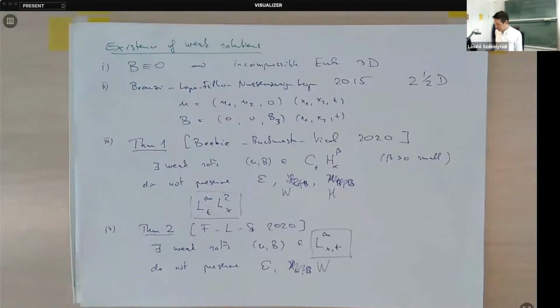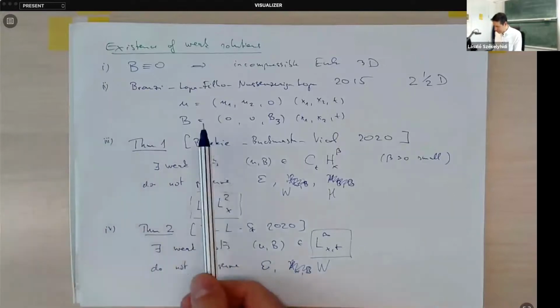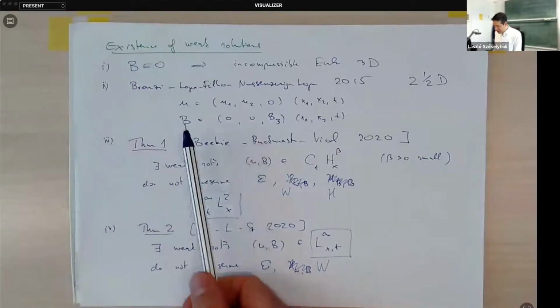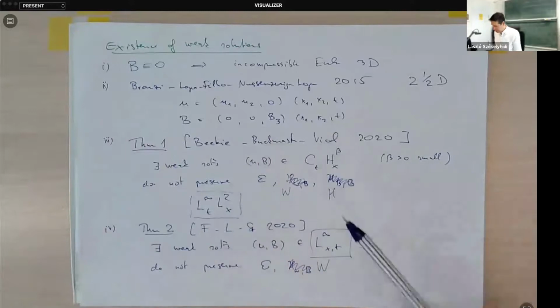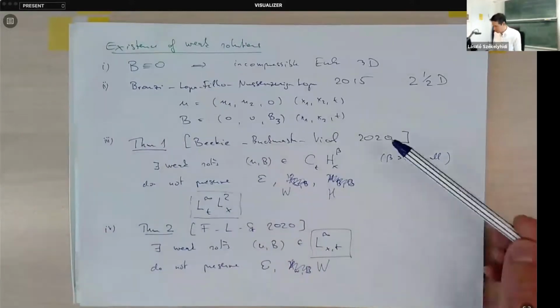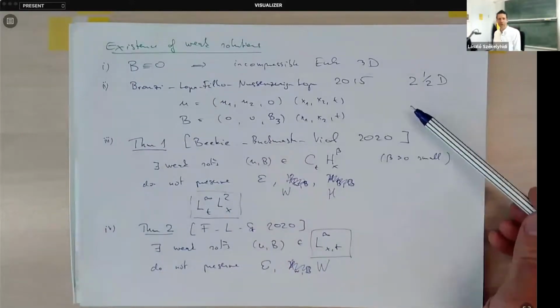There has been quite a lot of work to construct weak solutions which do not preserve the total energy. That type of construction has been extended by Bronzi, Lopez Filho, and Nussenzweig Lopez to what I call 2.5-dimensional flows.